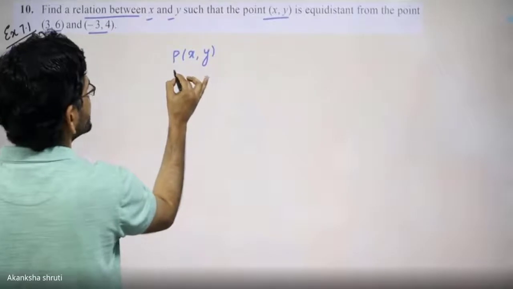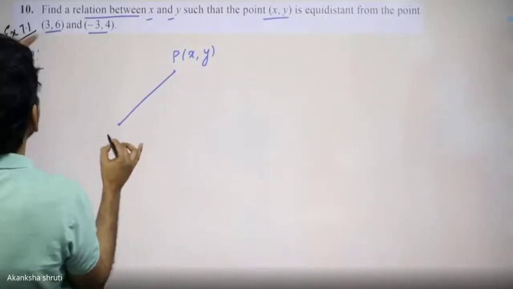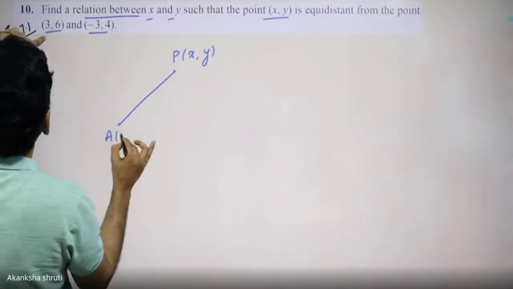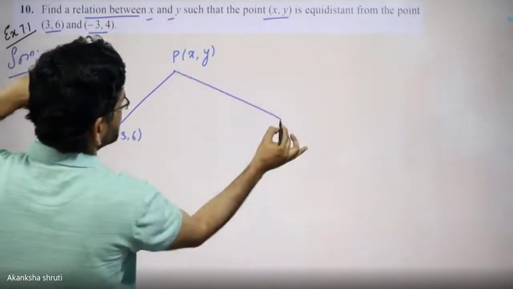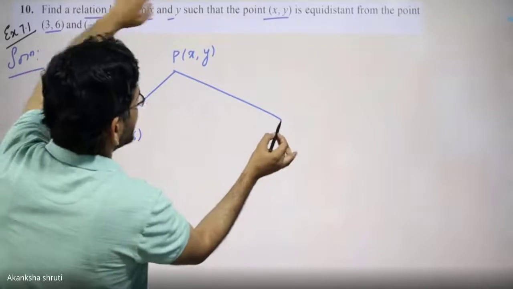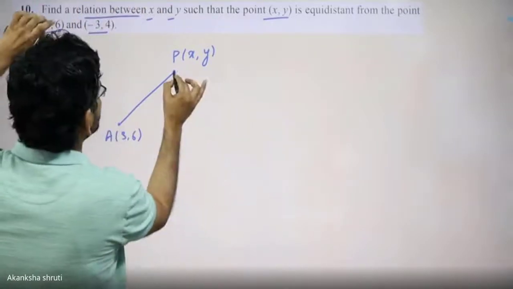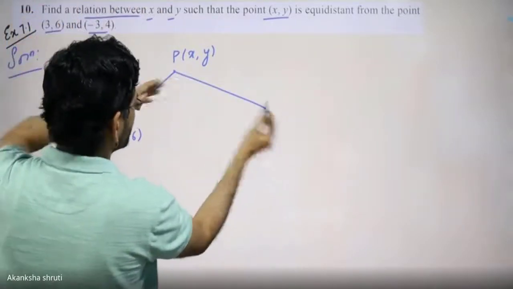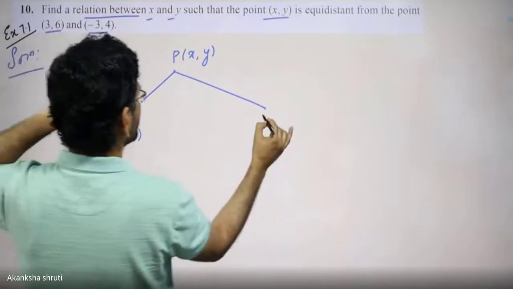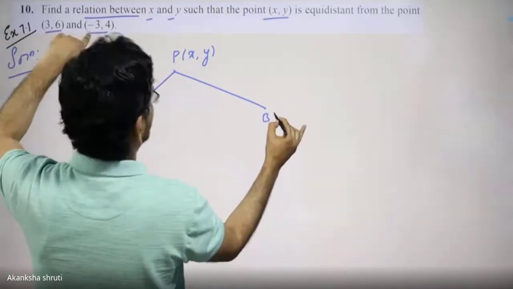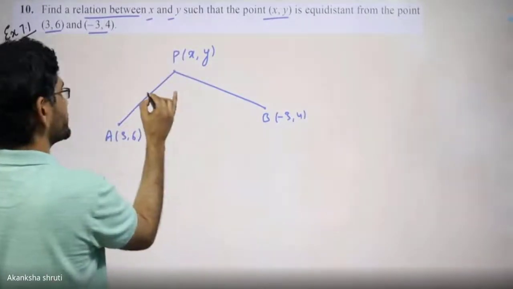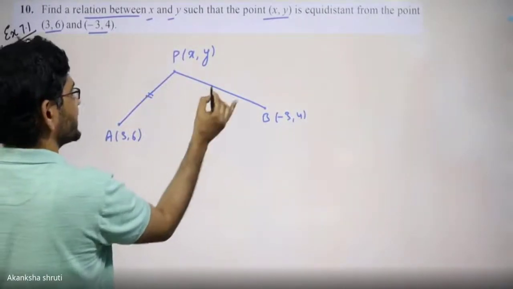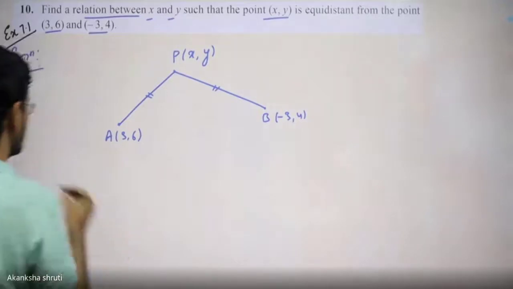This is equidistant from the point A, let us consider A as (3, 6), and the same length from the other point B, which is (-3, 4). Here it is given that P is equidistant, meaning whatever this length AP is, the same is PB.